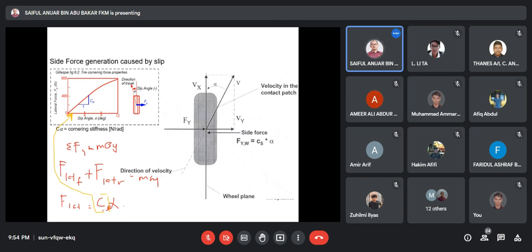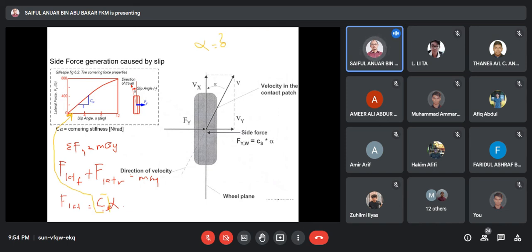But going towards that direction, the wheel will slip, meaning there is going to be a small deviation before it reaches the final slip angle. So that slip angle is this one. Here we have two angles, and this is the slip angle.